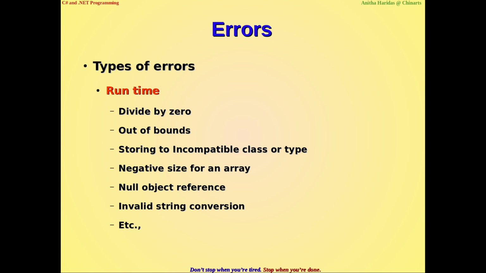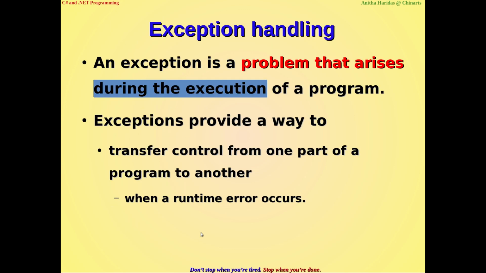You have to write code saying that if this runtime error happens, we have to follow these kinds of statements. Then your program will not get terminated abruptly. So to overcome the abrupt termination of a program during the execution, we go for handling the runtime errors. Handling these runtime errors is what you call exception handling.